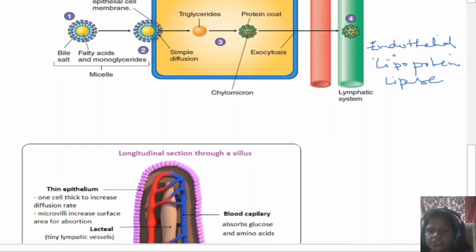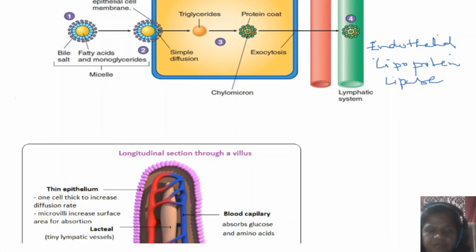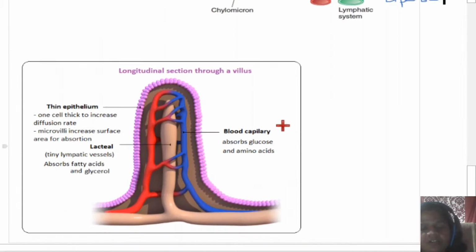Okay. So this in the endothelial cells converts this protein-coated triglyceride into fatty acids and glycerol. Okay, and then it is used for generation of energy or stored.